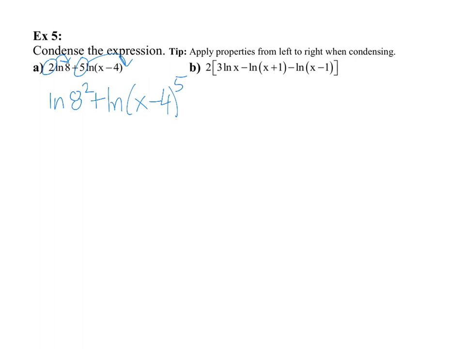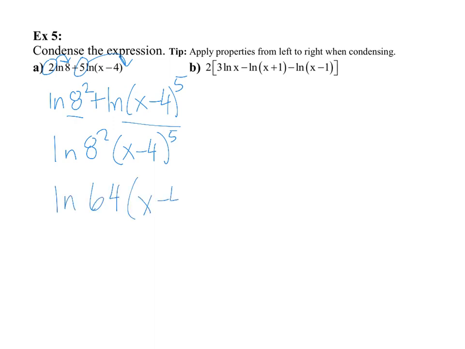I have a sum here, so I could rewrite this as a product using 1 log. All right, and 8 squared is 64. Of x minus 4 to the 5th. Yeah, cool. All right, so we use the power property, and we use the product property.